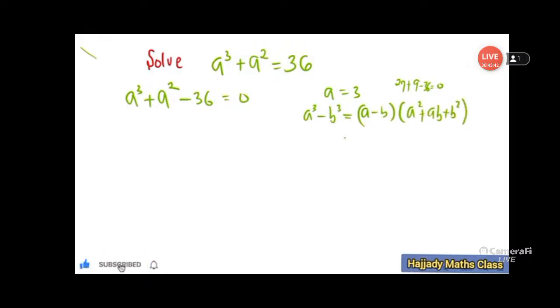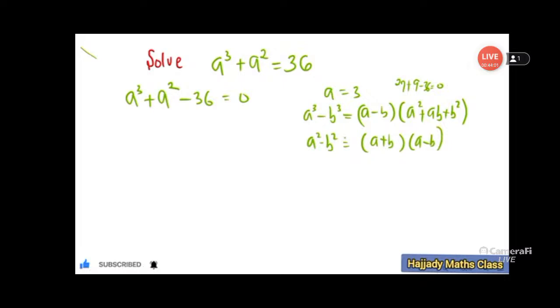And also, when we have a square minus b square, this is a difference of two squares, which is the same thing as a plus b and also a minus b. So this is one of the basic principles of factorization.